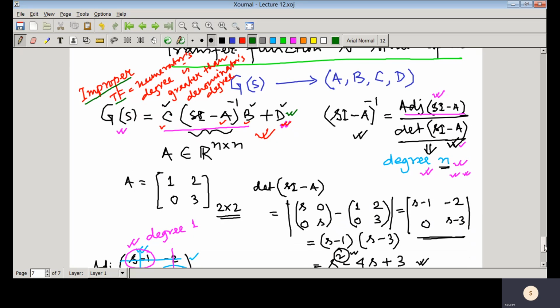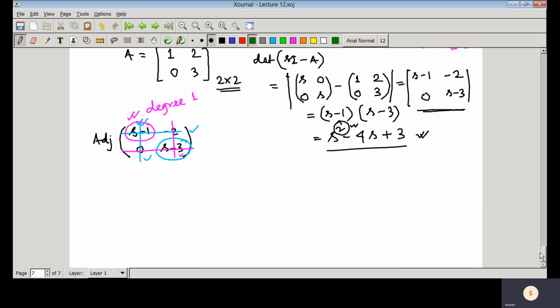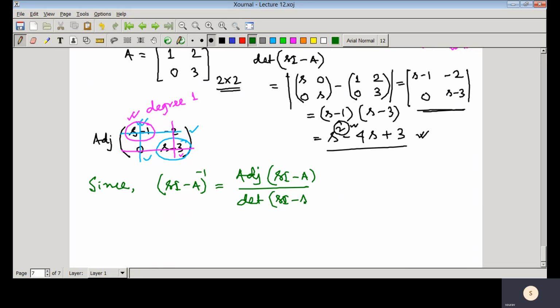So let me write this one: since (sI minus A) inverse is equal to the adjoint of (sI minus A) divided by the determinant of (sI minus A), that is the formula.